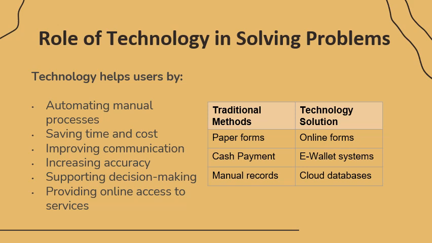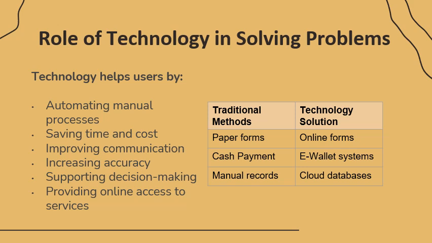The role of technology in solving problems. Now, technology plays an important role in improving the way users work, learn and communicate by automating manual processes that reduce human effort and errors.